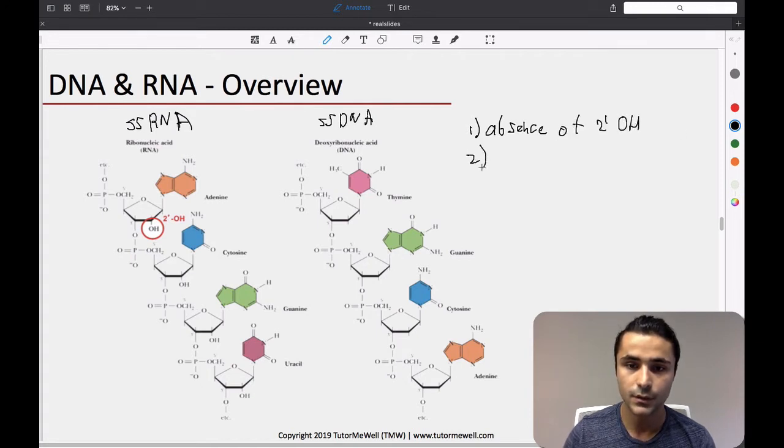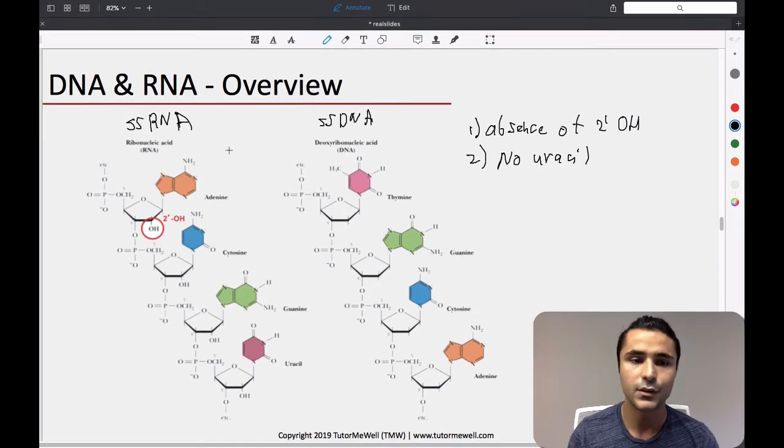Difference number two is that deoxyribonucleic acid does not contain any uracil. It instead contains thymine. So this is thymine and this is uracil. The only difference between those two is that thymine has a 5-methyl group right here. There's a very good reason as to why DNA contains thymine but no uracil, but we'll come back to that. So for now, I'm going to say no uracil.